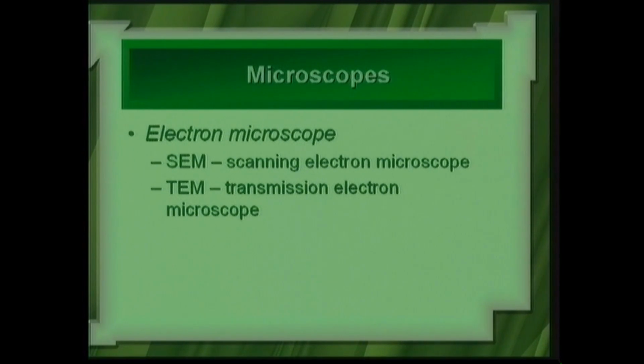With the electron microscopes, you need to actually beam or shoot a bunch of electrons at your specimen. One good thing about the electron microscope, you can see things that are very, very tiny. You can actually get up to maybe 200,000 times magnification of what you're looking at. Okay, that's one very good thing about the electron microscopes.